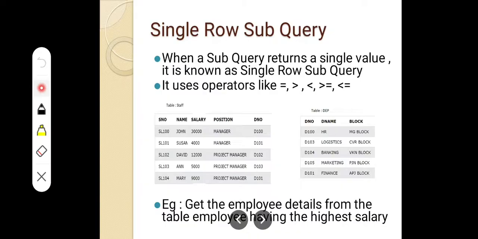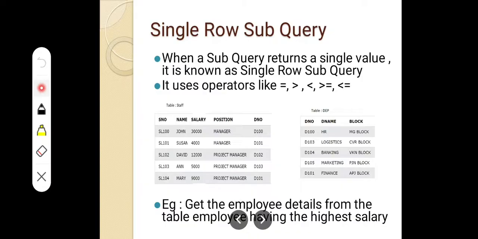We will have only a single value. We cannot have multiple highest values, or multiple minimum values in a particular field, such as the minimum mark obtained by a student. That has only a single value. So this single value is fed to the outer query. Single row subquery means it returns only a single value.